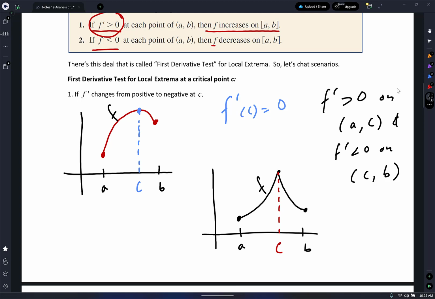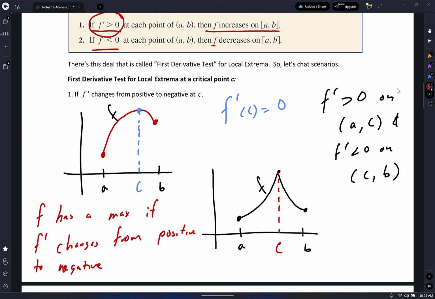I'm going to say F has a max if F prime changes from positive to negative at X equals C. I should be specific. F has a max at X equals C if F prime changes from positive to negative at X equals C.